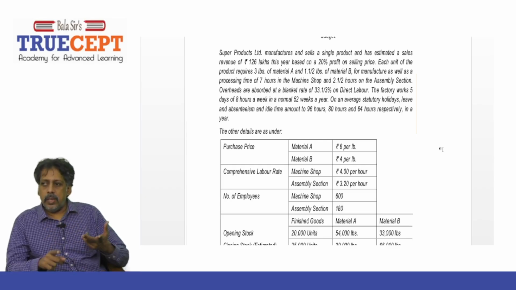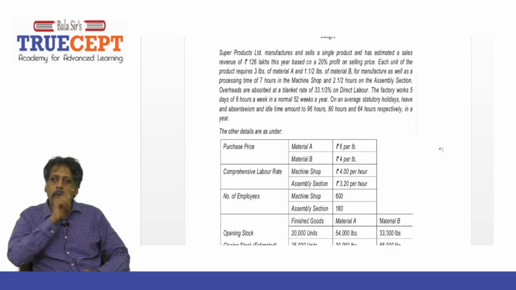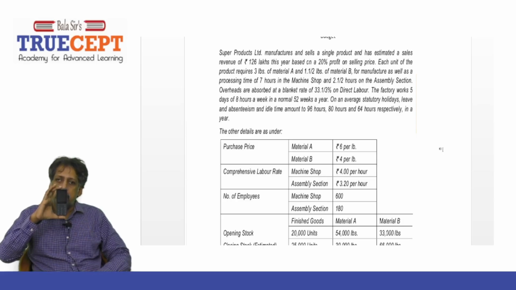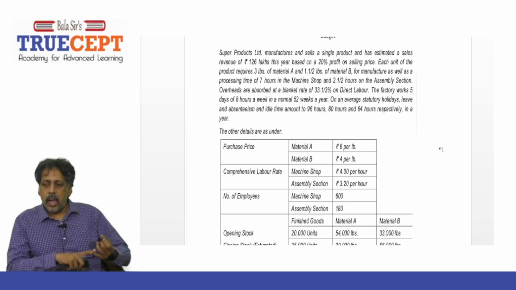For convenience, let's assume it's 3 kilograms and 1.5 kilograms. We need two materials to manufacture the product. Let us assume this is a product you are manufacturing. This product requires 3 kilograms of A and 1.5 kilograms of B.